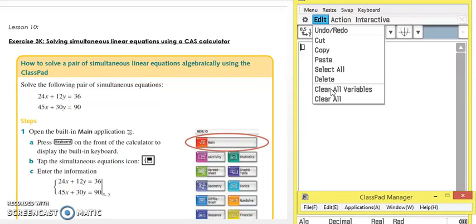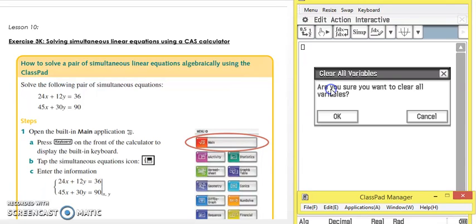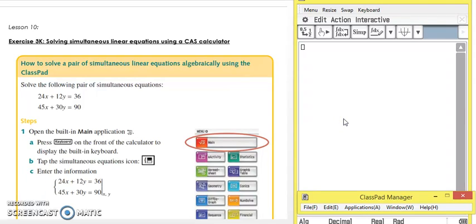Clearing all the variables means that if there were previous calculations that had x or y equal to something, it could potentially distort the answers. So any x's and y's that were equal to something previously will be cleared. So go ahead and clear all variables, and then we can work this out on a clean slate.